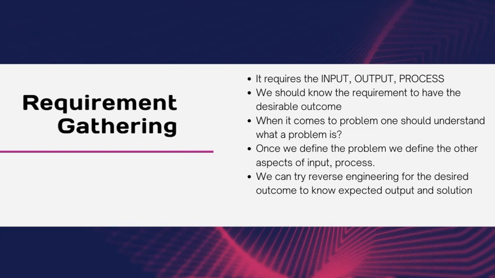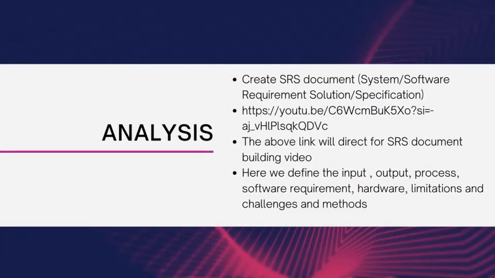You can do reverse engineering. First you should find what is your expected output and accordingly fix the input and the feasible solution, that is the process. So in analysis we have discussed that you have to prepare the SRS, that is system requirement specification or software requirement specification. As told earlier, I've got YouTube videos on both the topics, on SRS.